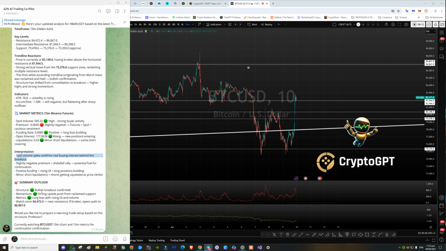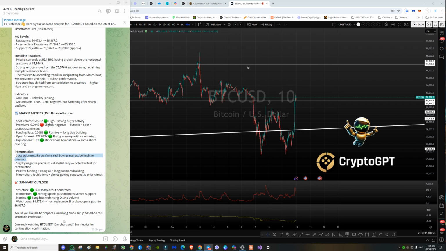Summary outlook, bullish breakout confirmed. Would you like me to prepare a new long trade setup based on this structure, Professor? So from here I can take it completely solo. So 42N, yes, give me a new trade recommendation as if I don't have any open positions.